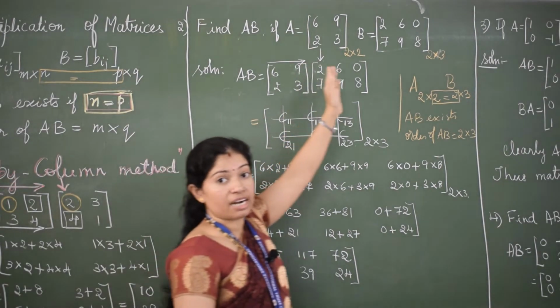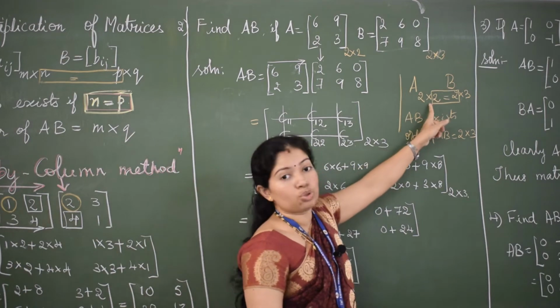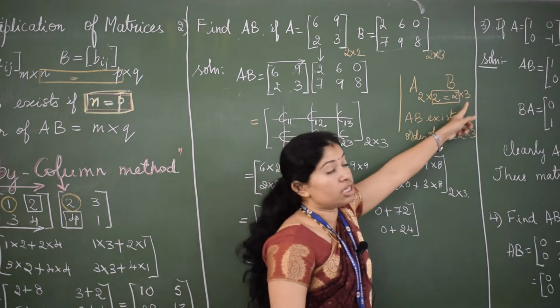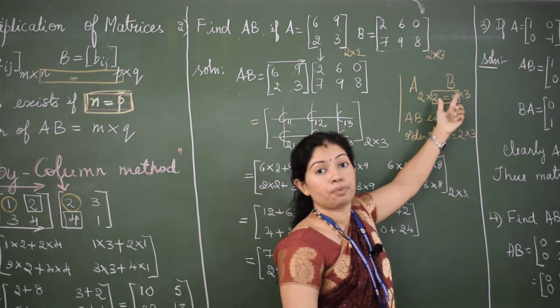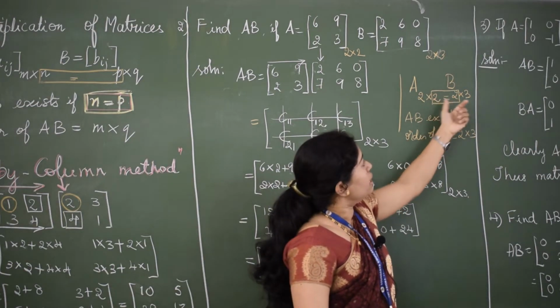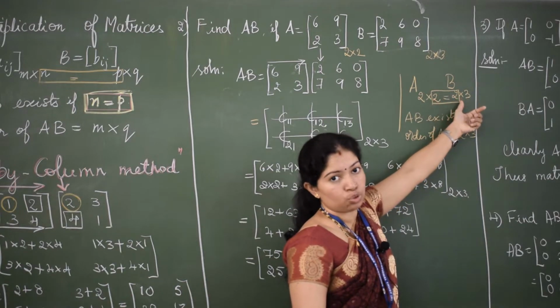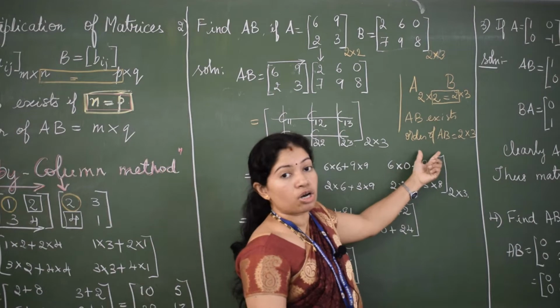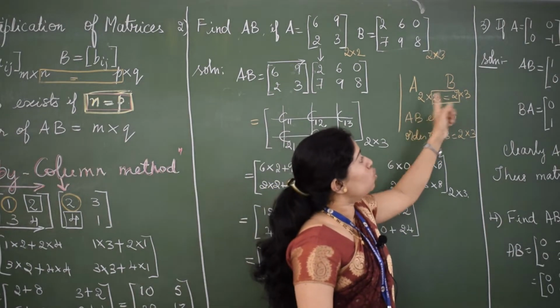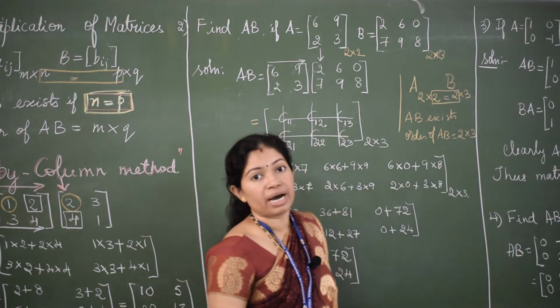So these two middle numbers should be the same, then only the product exists. Here it is the same, 2 and 2. So AB exists. Then what is the order of AB? It is given by the two extreme numbers, that is 2 by 3.